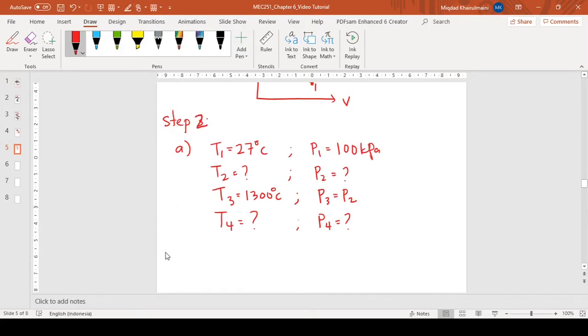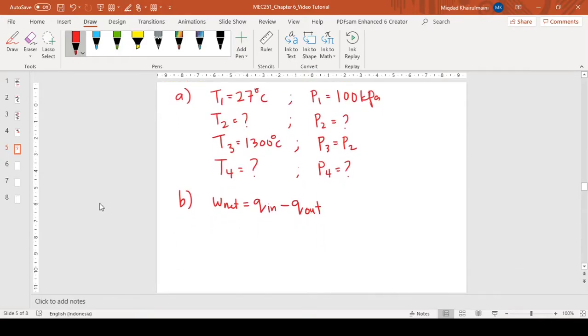Okay, so for B, the question asks us to find the net power output. So w net, lowercase letters, is equal to the amount of heat added minus the amount of heat rejected. Okay, so we can expand the equation.